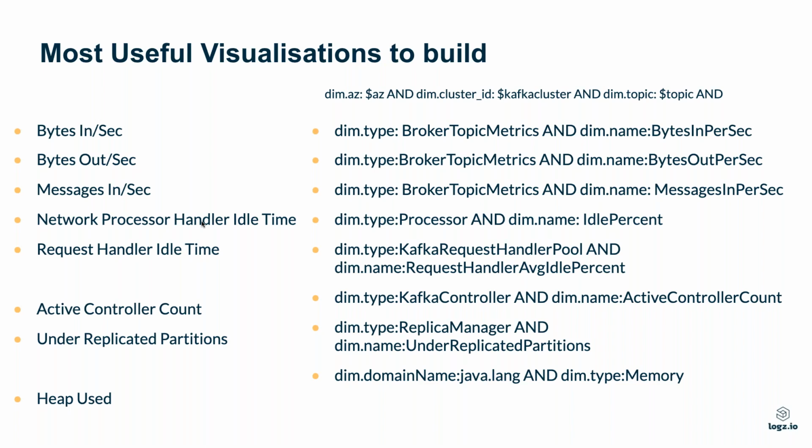But what I want to mention for these top three is that I built several different visualizations using the same data. For example, one visualization is choosing to show me only the ones that had a maximum value in the last few minutes. In another visualization, I want to show the maximum of average over the time period of the dashboard, 1 hour, 6 hours, because I might want to see the peak that it had.